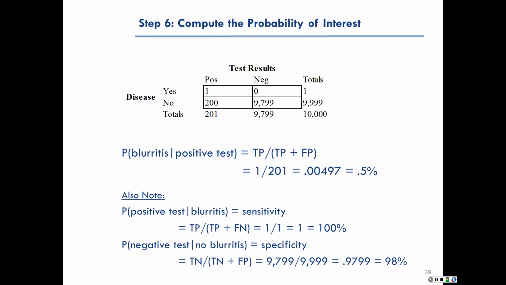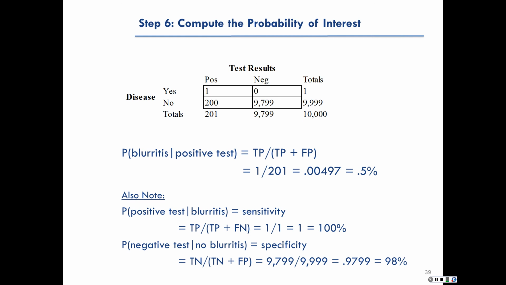The probability of bleuritis given a positive test is simply the number of true positives, here that's 1, divided by the total number of people who tested positive, which is the positives and the false positives. 1 divided by 201, we get 0.00497. So your probability of having bleuritis when you tested positive is 0.5%, less than 1%.